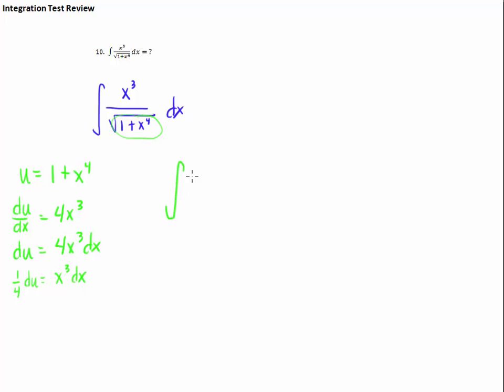So here we go. My new integral, and I don't need bounds, has that stuff right there replaced with 1/4 du. And then I've got 1 over the square root of u, which let's change up a little bit: we've got 1/4 u to the negative 1/2. There we go.